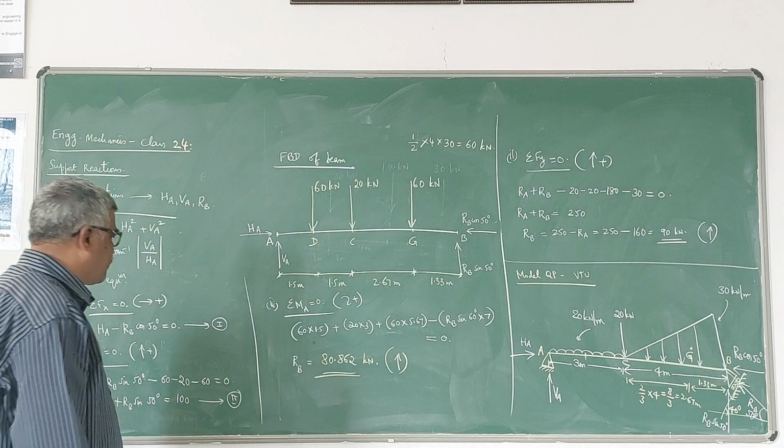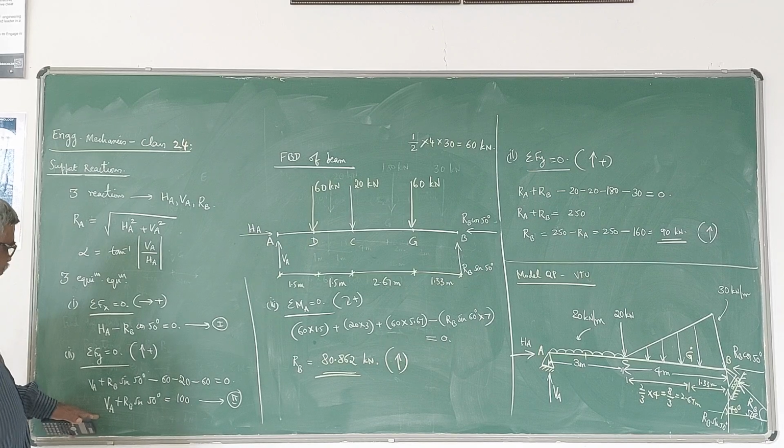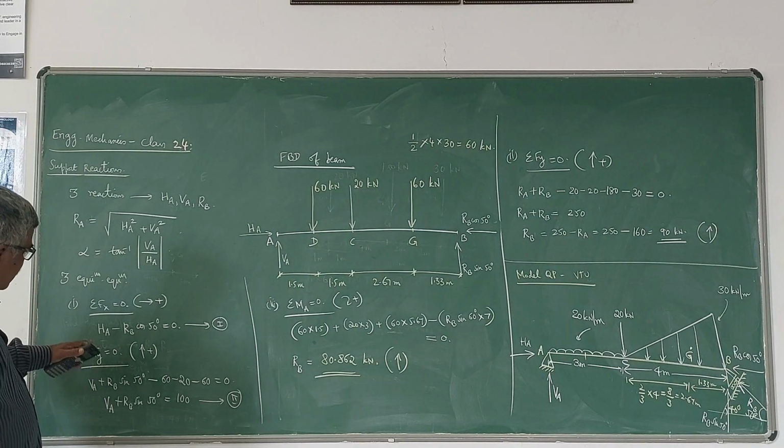Now once you get this RB value, substitute in equation 2 to get the value of VA, and substitute in equation 1 to get the value of HA.